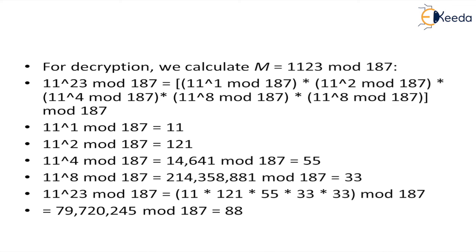One by one, it gives 11, 121, 55, 33, and ultimately 88 as the output at the decryption. Ultimately, it gives the plain text 88.